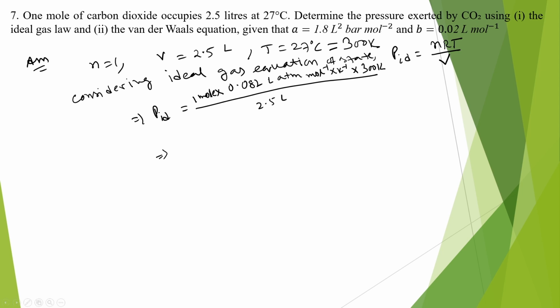If we carry this out, we get P ideal is 9.9 atmosphere.